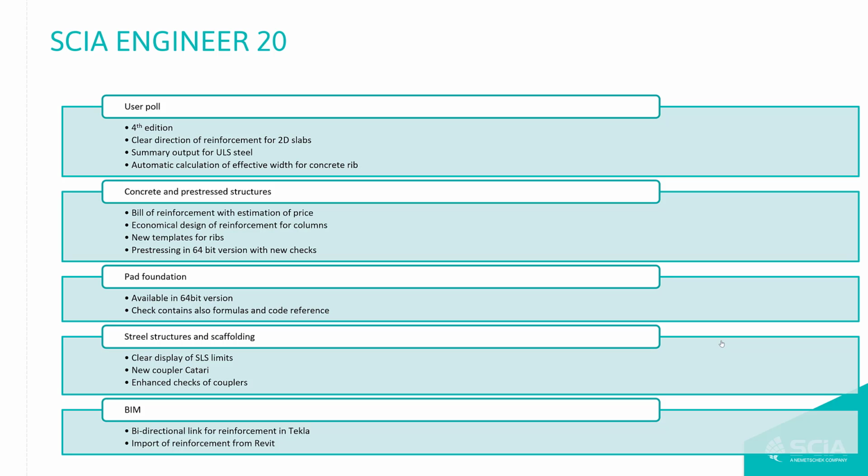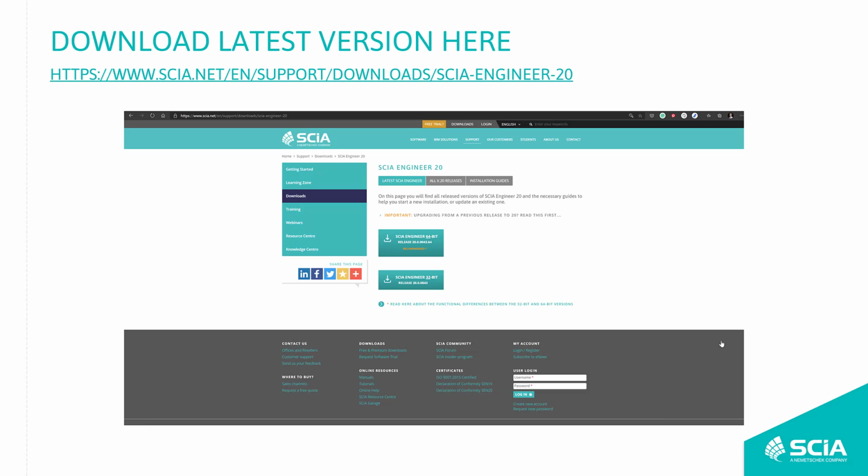BIM: bidirectional links for reinforcement in Tekla, and import of reinforcement from Revit to SCIA Engineer. Those are the most powerful enhancements related to our BIM solution. So that was all from my side.